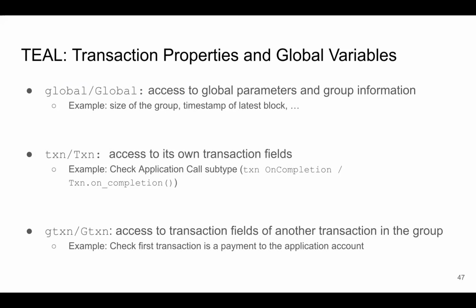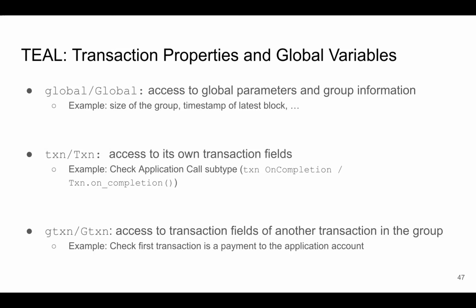Let's see now how to access the other transactions in the group and access transaction properties. For that, you have three opcodes. On the left is TEAL, on the right PyTEAL. This one is global, the access to global parameters, like the size of the group if you have an atomic group, or the timestamp, like what time it was at the last block. It's a bit approximate, but gives you an idea.